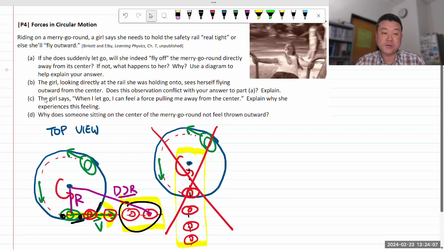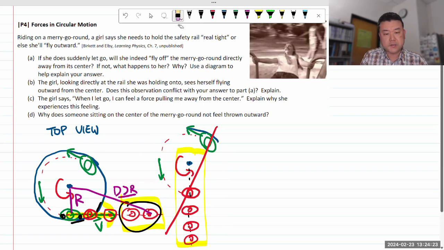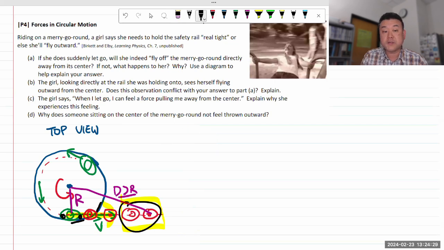So in C, the girl says, when I let go, I can feel a force pulling me away from the center. And I think this is the kind of thing to make sure that you pause, think about it, and address it, because this is what she's saying. So, if you think there's a force, you can draw a free body diagram.